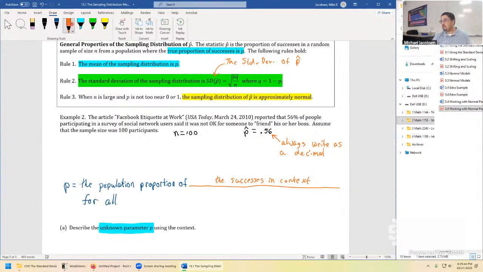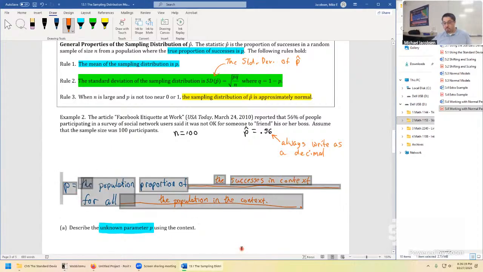All, this is the second part of getting the parameter down. Another big blank. This is where it would end. All is kind of a giveaway. And because we're dealing with the population, we have to say right here what the population is, in the context. So every single time we go to write down what P is, it's always going to be this structure.